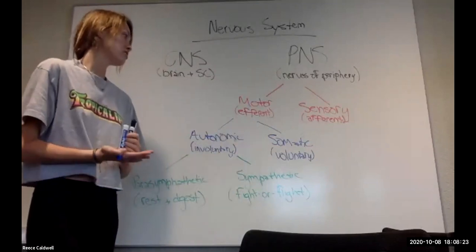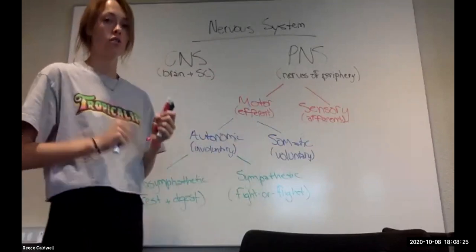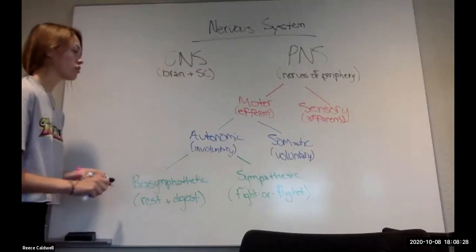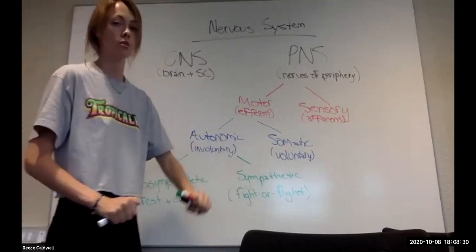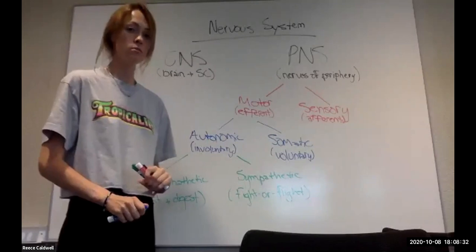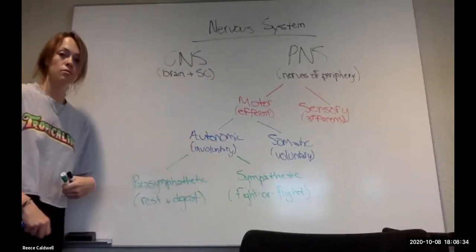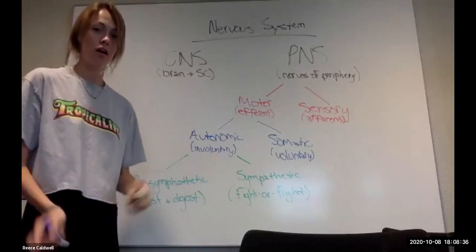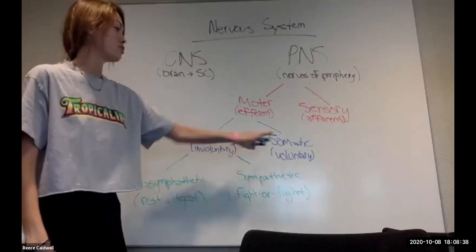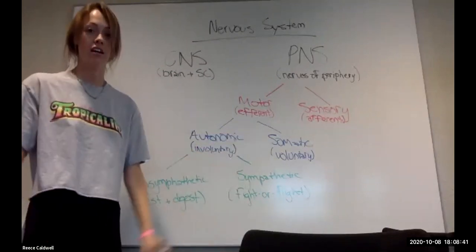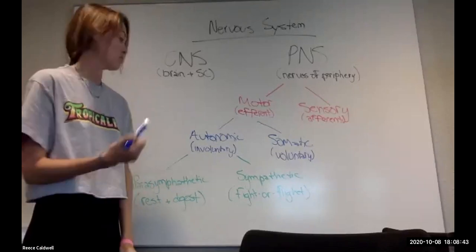We divide our motor division into two further divisions, the autonomic nervous system and the somatic nervous system. The autonomic nervous system is our involuntary control, our autopilot, and the somatic nervous system is our voluntary control, so like our skeletal muscles.